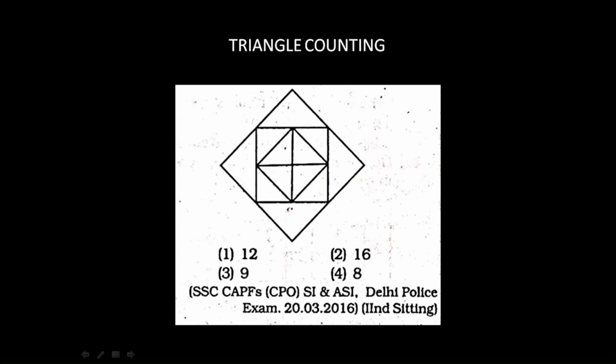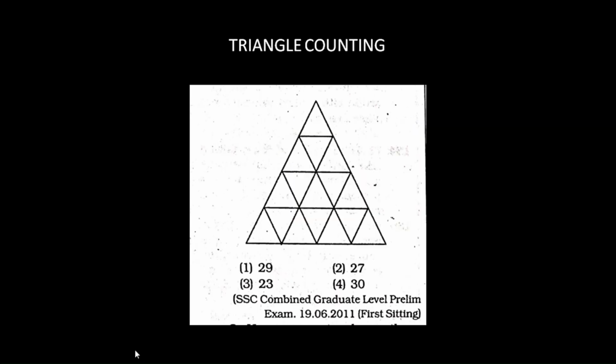So many triangles are there. Look, inside this there are 4 parts. So there will be 8. 8, clear? 9, 10, 11, 12, 13, 14, 15 and 16. It's a simple one. 16 triangles are there. I hope it is clear to you. Moving to the next one.